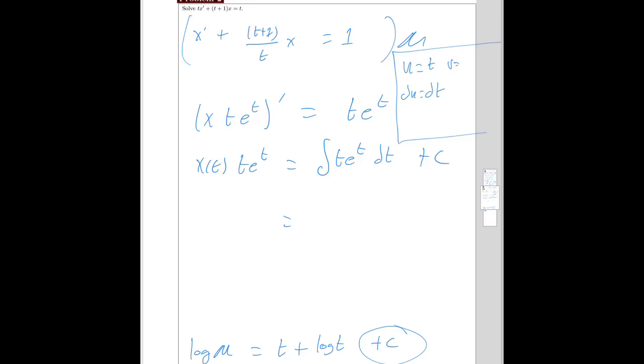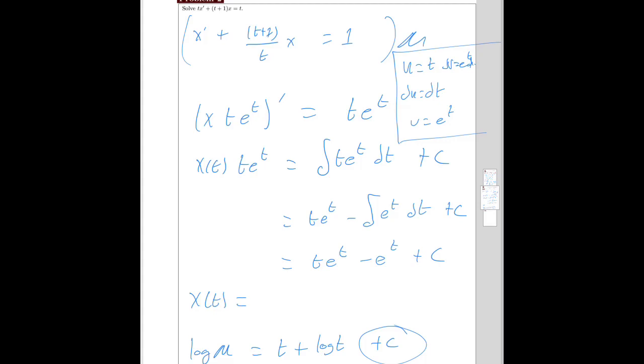This means du is equal to dt. dv is equal to e to the t dt, so this means that v is equal to e to the t. So uv is going to be t e to the t minus the antiderivative of v du, so e to the t dt, plus c. So this is equal to t e to the t minus e to the t plus c.